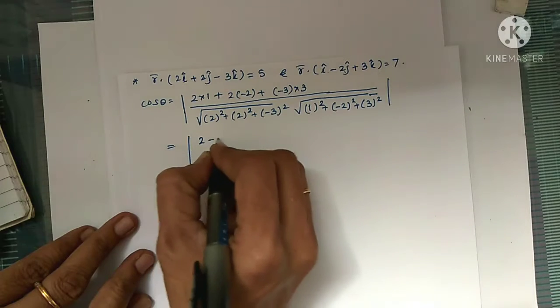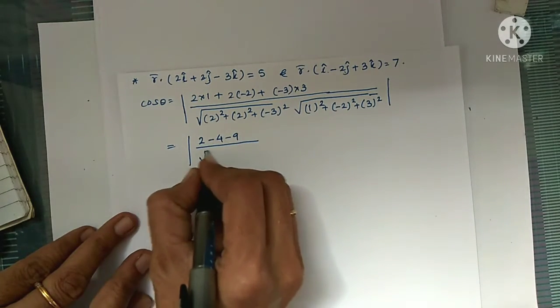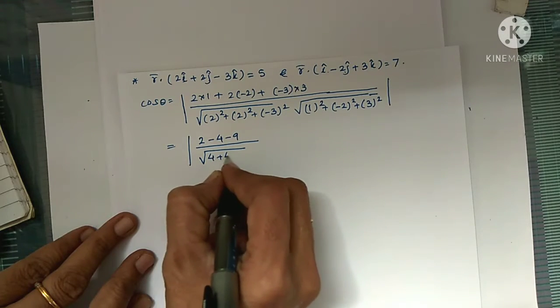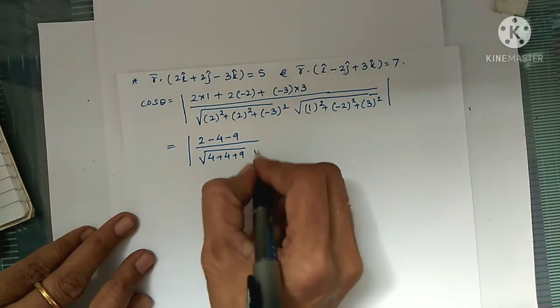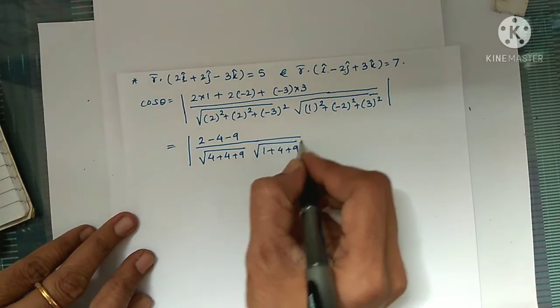So that is 2 minus 4 minus 9 divided by root 4 plus 4 plus 9, and this one is 1 plus 4 plus 9.